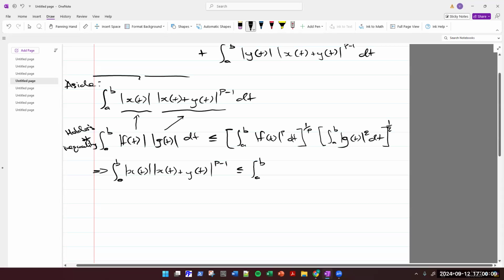What was f(t)? f(t) was my x. So the modulus of x(t) to the power of p dt, all raised to the power of 1 over p. And I'm going to multiply that by what's on this line.